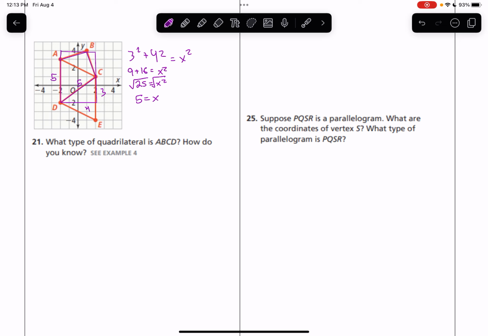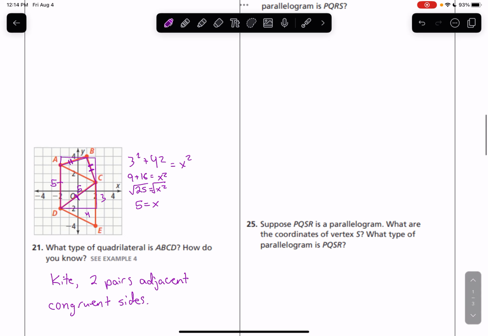So this shape happens to have 2 pairs of adjacent congruent sides, making this shape a kite. So it's a kite because it has 2 pairs of adjacent congruent sides. Right. Don't have to do as much work when we have a graph there.